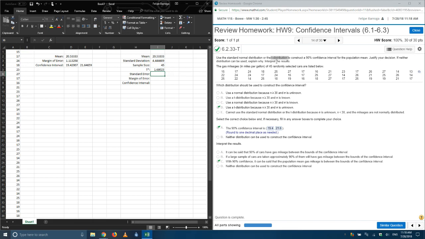So let's set up the standard error, which is the standard deviation divided by the square root of the sample size. That's our standard error. Margin of error will be the t-value that we found times the standard error.